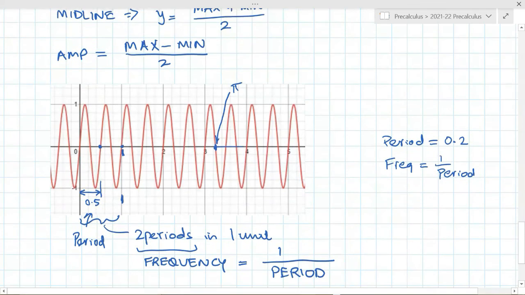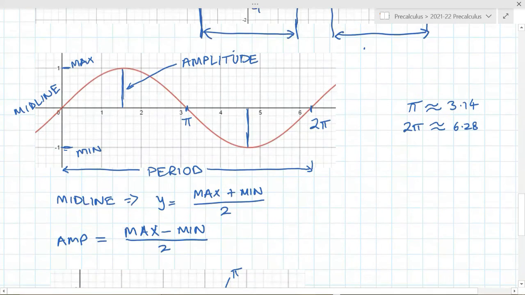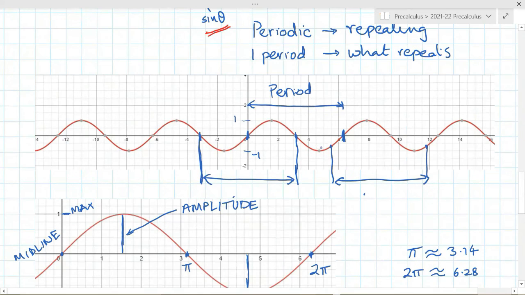These are the important concepts. Other than that, there are these intercepts, right? It crosses the x-axis at 0, pi, 2 pi, right? Then 3 pi, then 4 pi. This was 0, pi, 2 pi, 3 pi, 4 pi.